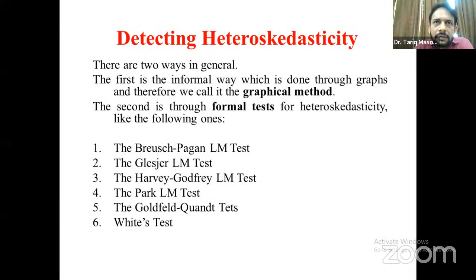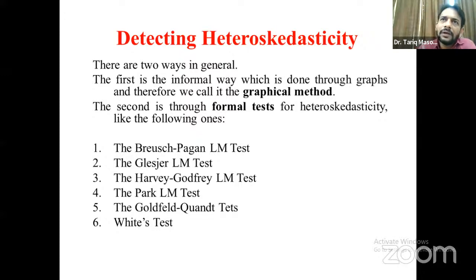We can look at various graphs to ascertain whether there is a change in variability of the disturbance term or not. One point is that all these assumptions are about the disturbance term, about the u. But we have no data of u. We don't know about u, the disturbance term.